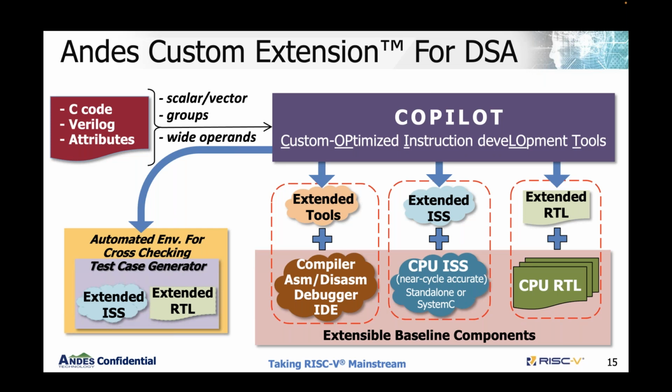Since the C code and Verilog code are implemented by different people, you want to make sure those two are equivalent. So Copilot will generate a verification environment to help you verify the extended instruction set simulator and extended RTL. After you're done with this verification, that will give you high confidence that those are equivalent.